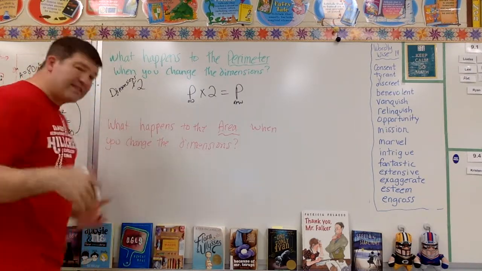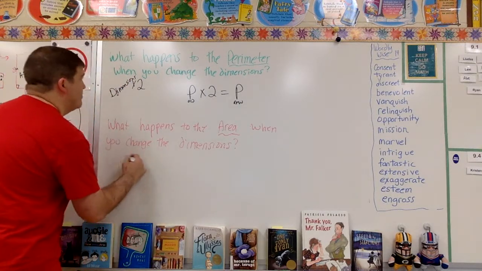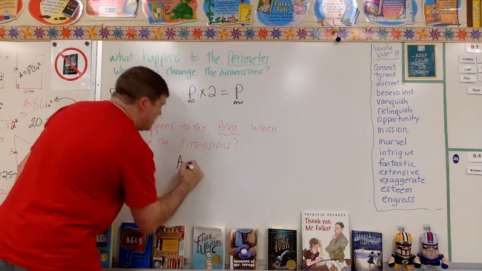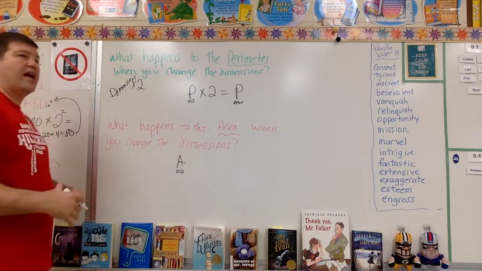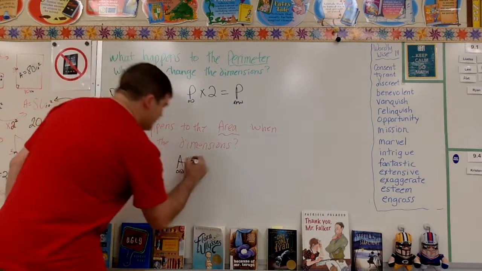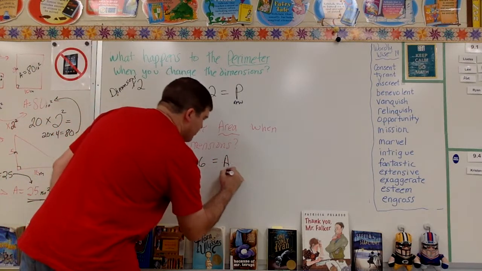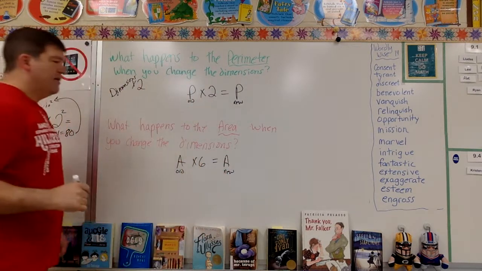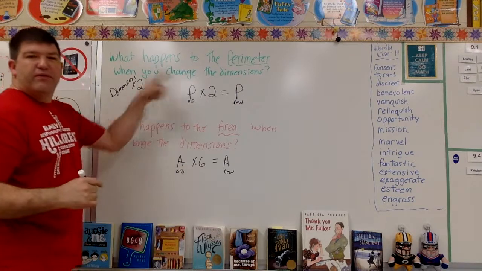Area, similar, a little different. So, got the original area, and then say you times it by 6. Times 6, and that would be the new area. That doesn't work. That's the formula for what you do if it's perimeter.